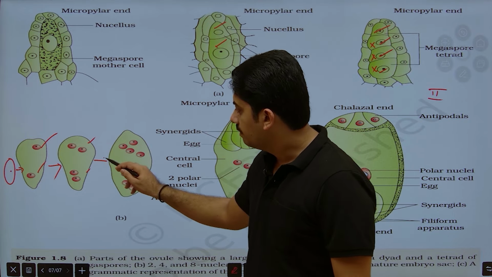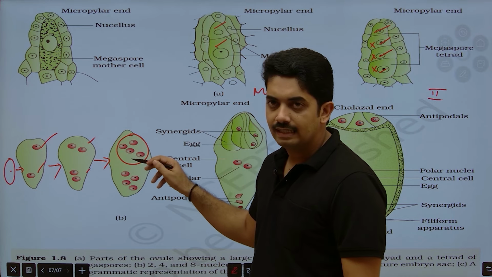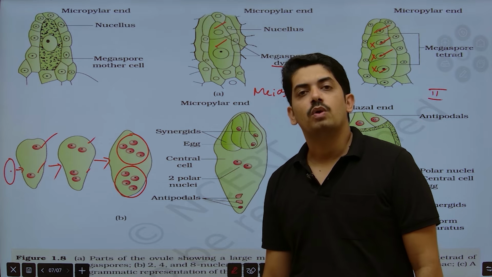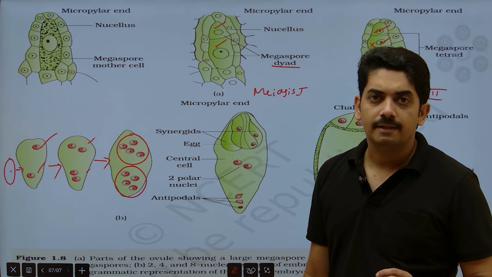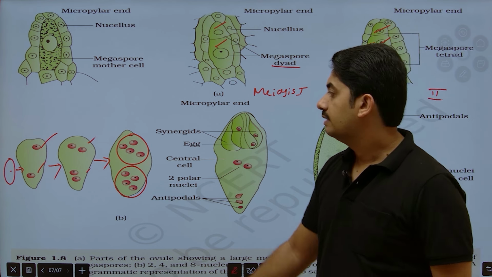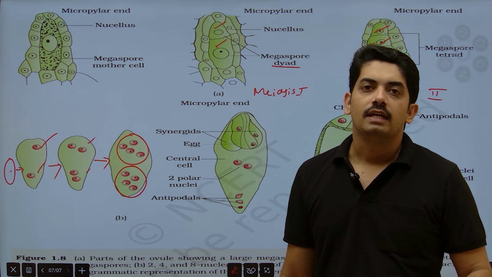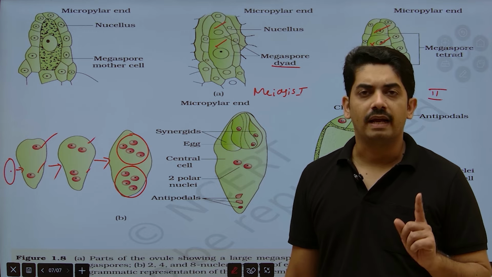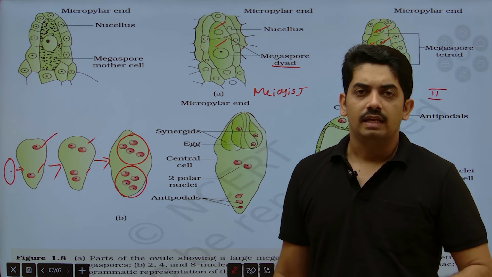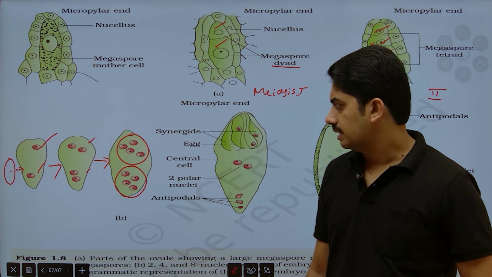Subsequent mitotic division forms four nuclei at one polar region and another four nuclei at the other polar region. So in total, how many nuclei are present? 8 nuclei are present. How many mitoses occurred? 3 mitoses occurred. So which type of mitosis? Endomitosis, because when one nucleus becomes two nuclei, it is not immediately followed by cytokinesis. So we can say it is endomitosis.